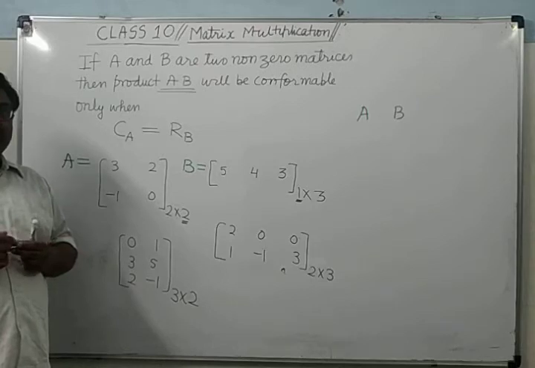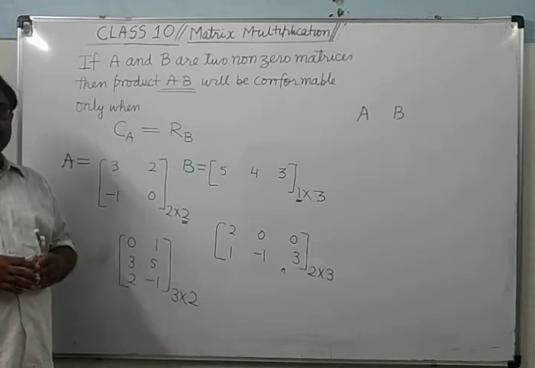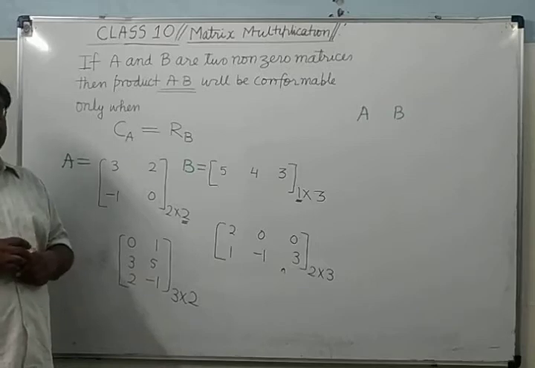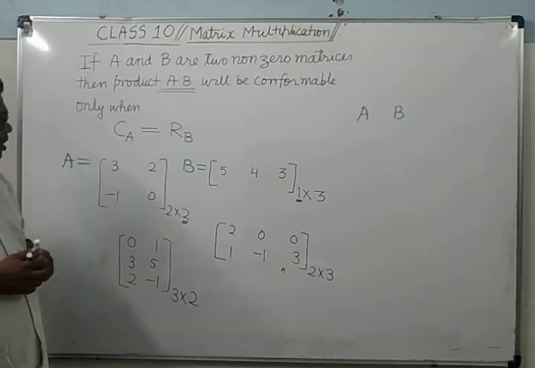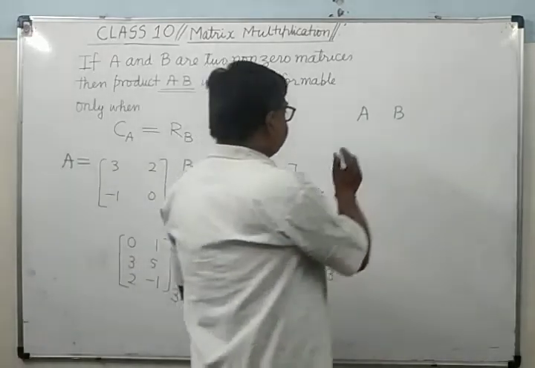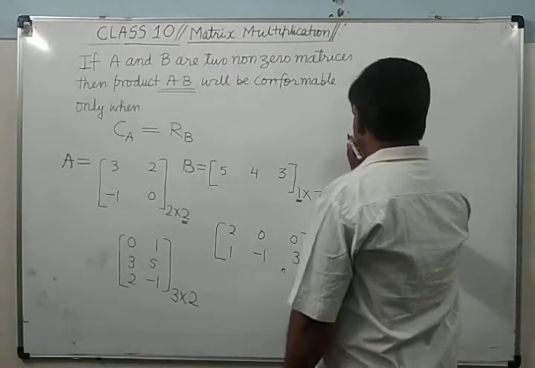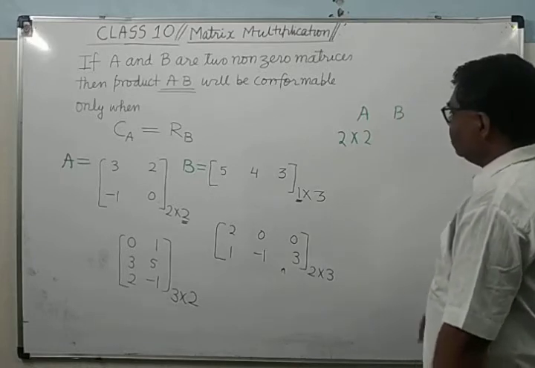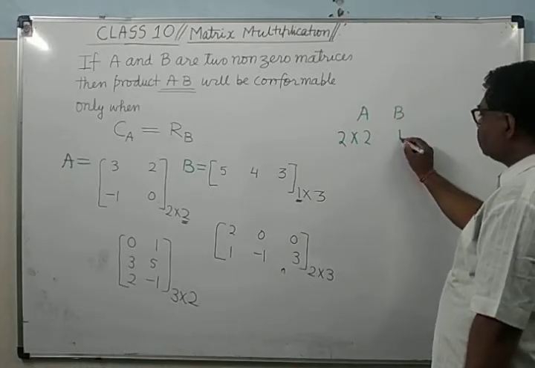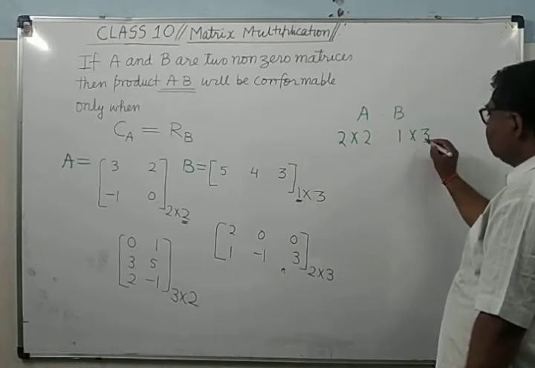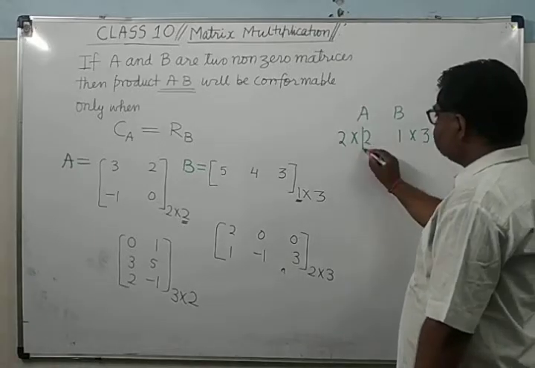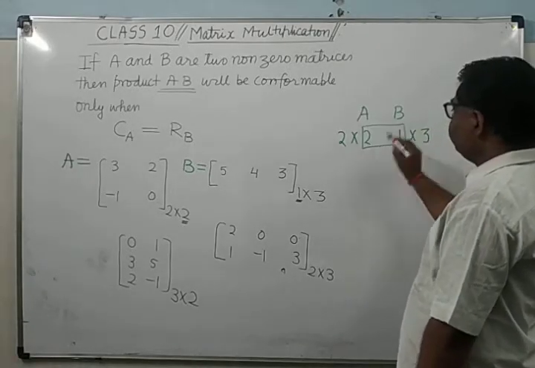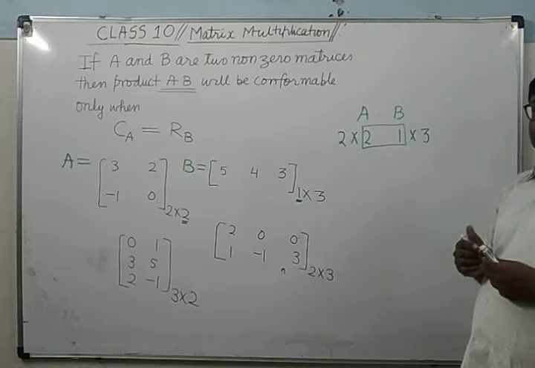It's clear? And in order to check it, we can do it very simply, very easily. What is that? You write down their orders. The first matrix is 2 cross 2, so you write here 2 cross 2. The second matrix is 1 cross 3. See here: if these two numbers are the same, then only the product will be possible.